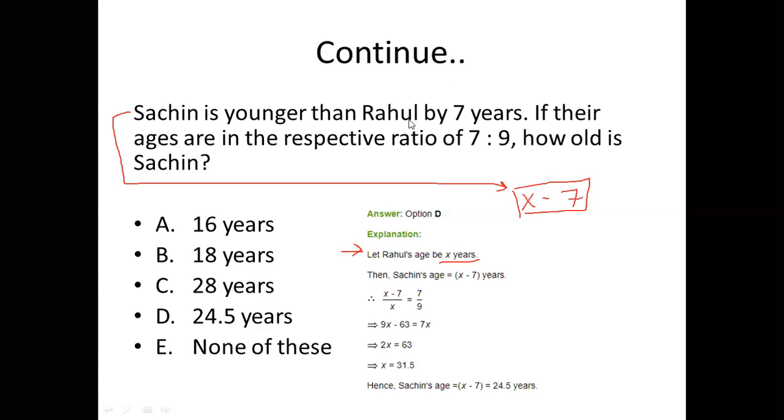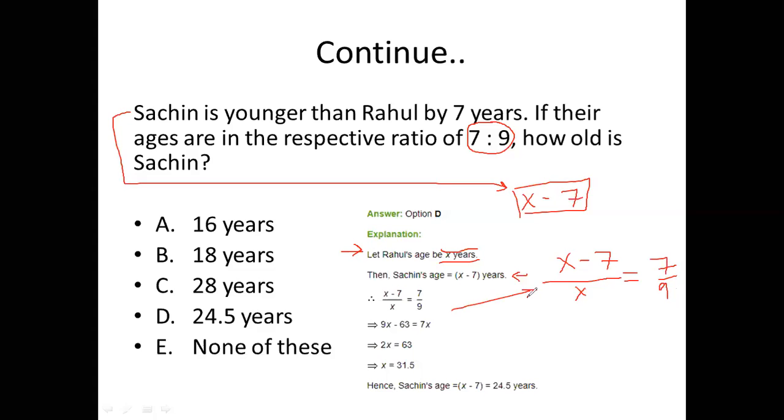Younger than Rahul, and we have considered let X be the age of Rahul. Then we talk about the ratio, and if you remember the ratio formula that we have, that is the age of Sachin divided by Rahul's age is equal to the ratio that is 7 divided by 9, right?